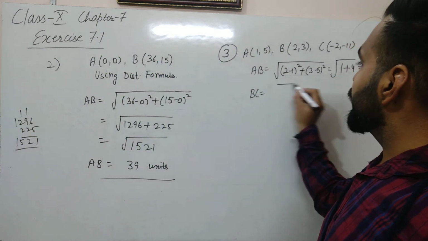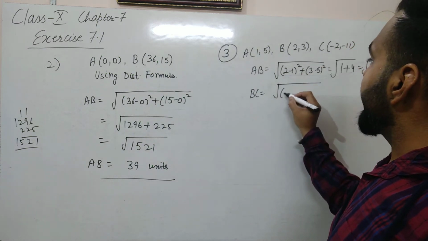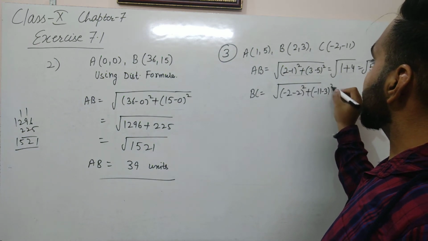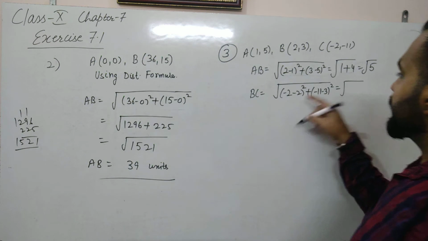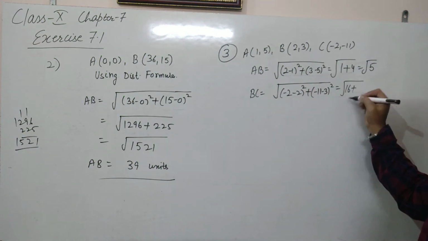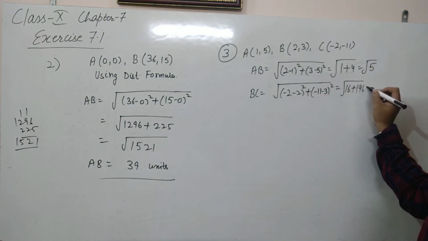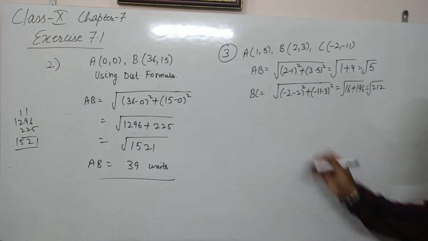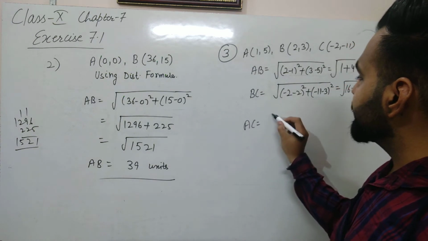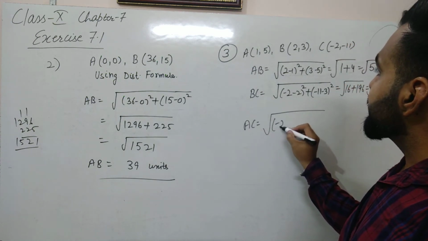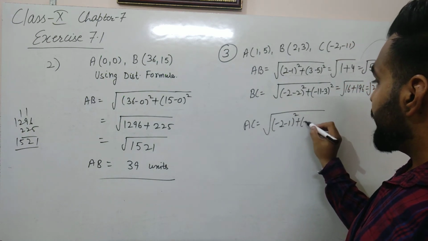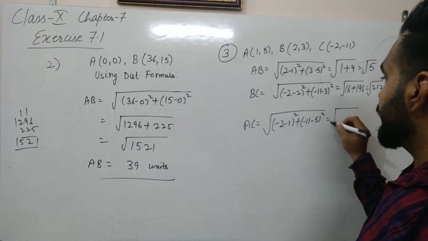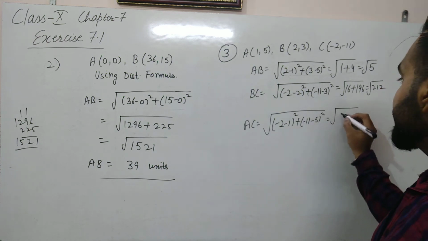Now we will find BC. BC will be equal to root of (minus 2 minus 2) square plus (minus 11 minus 3) square. This will be equal to, this is minus 4 square, 16, minus 14 square is 196. This is equal to root 212. And last, calculate the value of AC. (Minus 2 minus 1) square plus (minus 11 minus 5) square. So this is equal to, this is minus 3 square is 9.